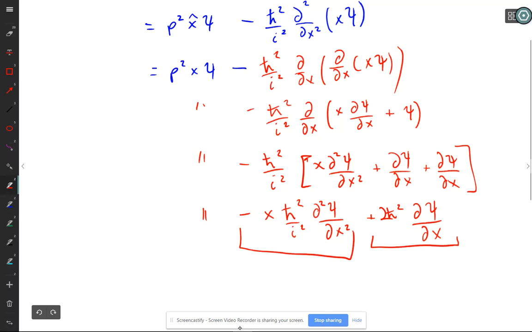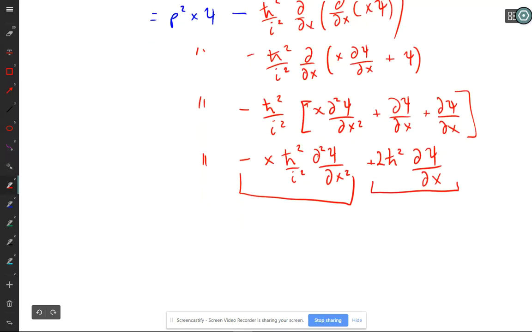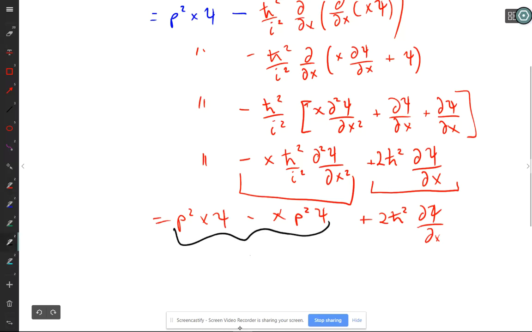Because those were two of them, I made it 2 h bar squared. And now this final term, p squared x psi minus x p squared psi plus 2h bar squared d psi dx. Because these are now in observables, this here is just 0.